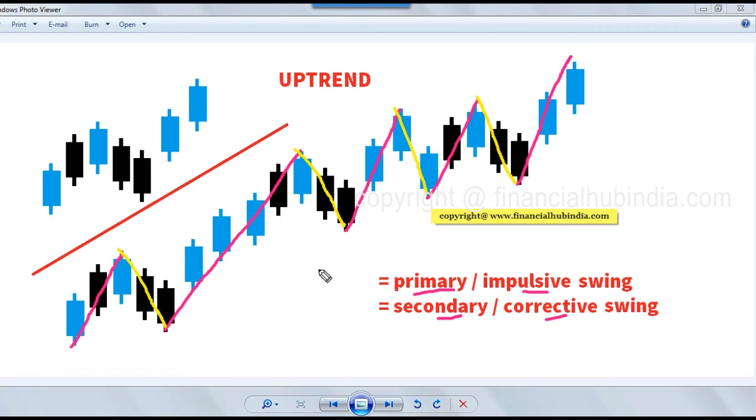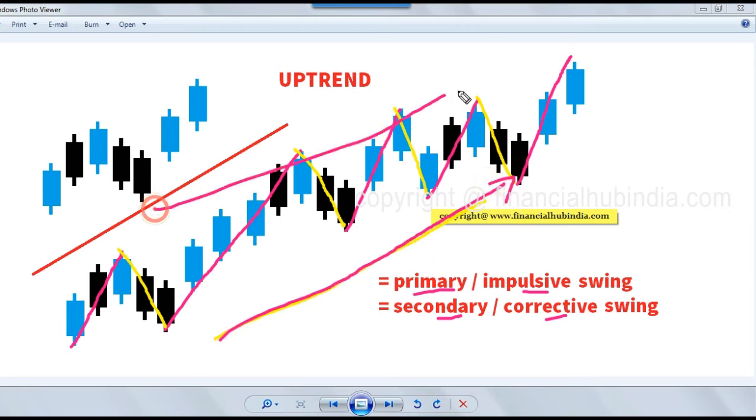So the larger pushes are the primary swings, the main swings. Since the primary swings are moving up, obviously the prices will move up. So when you see the primary swings are on the upside, you can say it's an uptrend, which is our first shape.